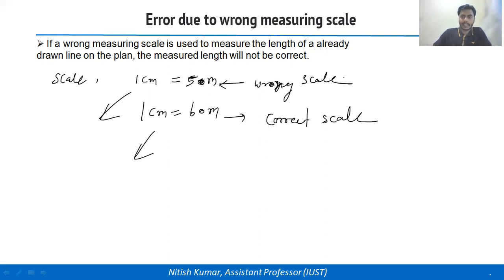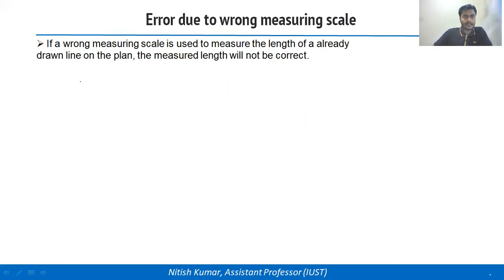So in both the scales, what is constant? You have used the wrong scale, and the corrected scale was different. So in that case, we will find the map distance will be the same in both the cases.